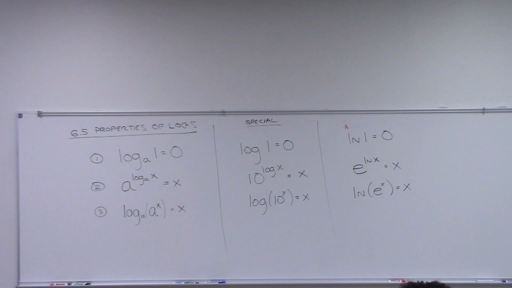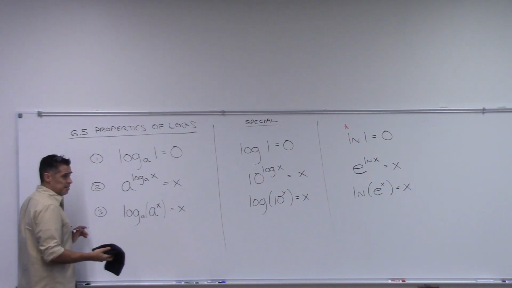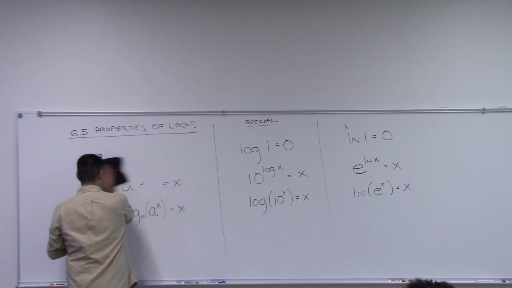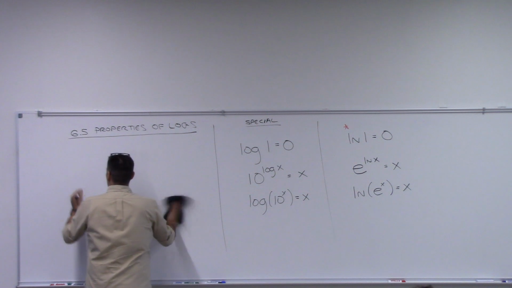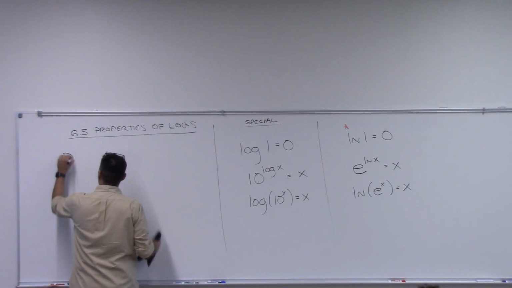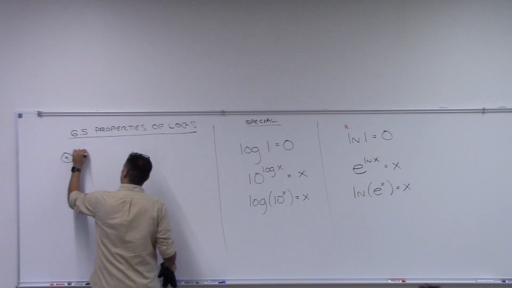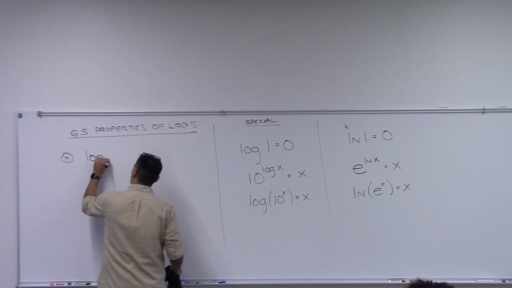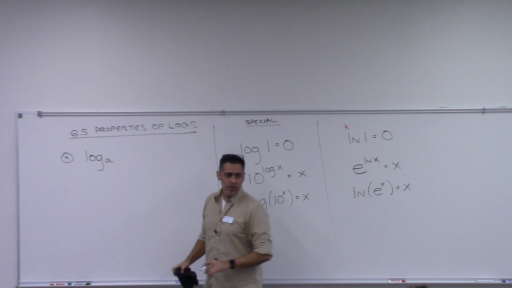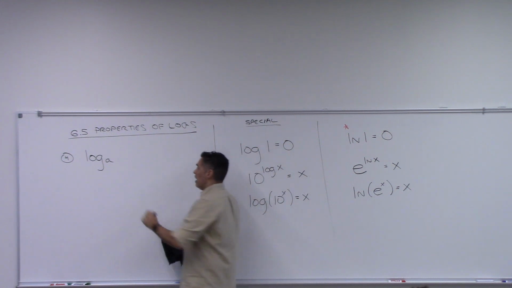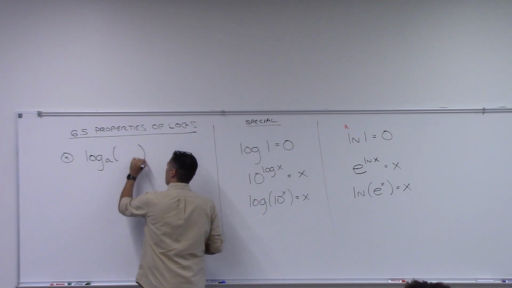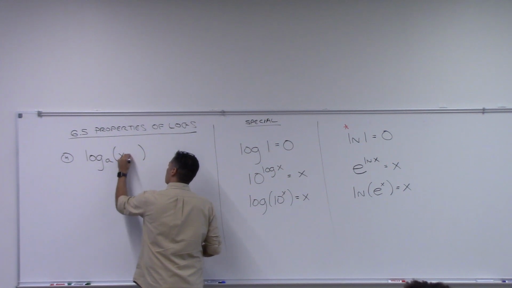All right, next property. These properties are strange, all right? The logarithms behave in a very weird way. This fourth property says, and I'm going to use, again, different notation than they're using. If you take log base a, so any logarithm you want, and inside that log you put the product of two things.